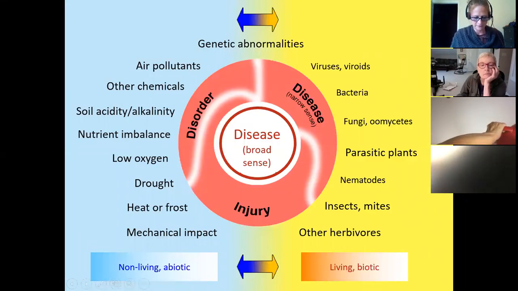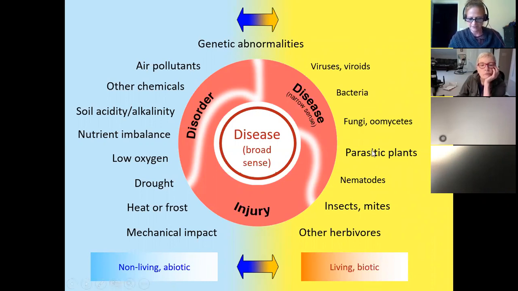When defining the plant disease, we can either do it in a broad sense, considering anything that causes damage to the plant, or we can consider it in the narrow sense, which typically is limited to damage caused by living organisms, exclusive of herbivores. We have a lot of things that feed on our garden plants too.